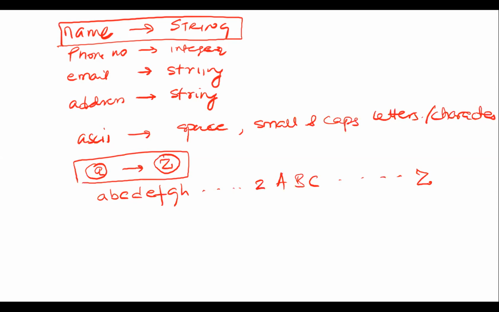Now, I'll give you an example. If I am checking name, assuming I write 123 King, do you think this name is correct? I'm assuming probably not because you have 123 in there. So what you do is you go character by character. How do you go character by character?